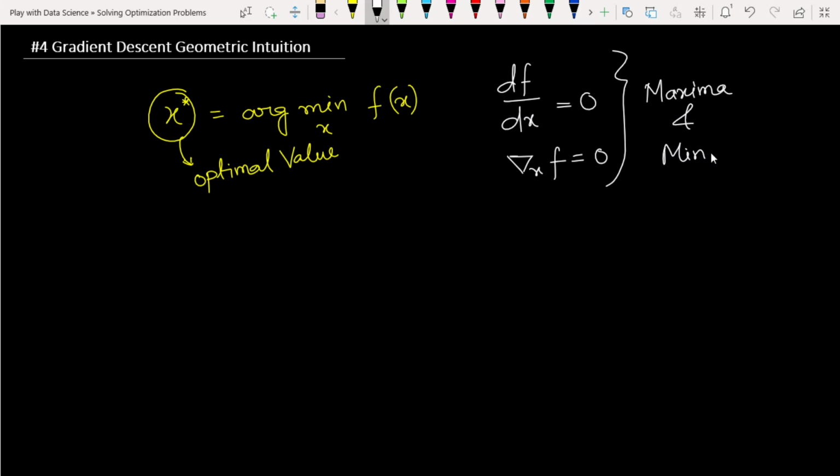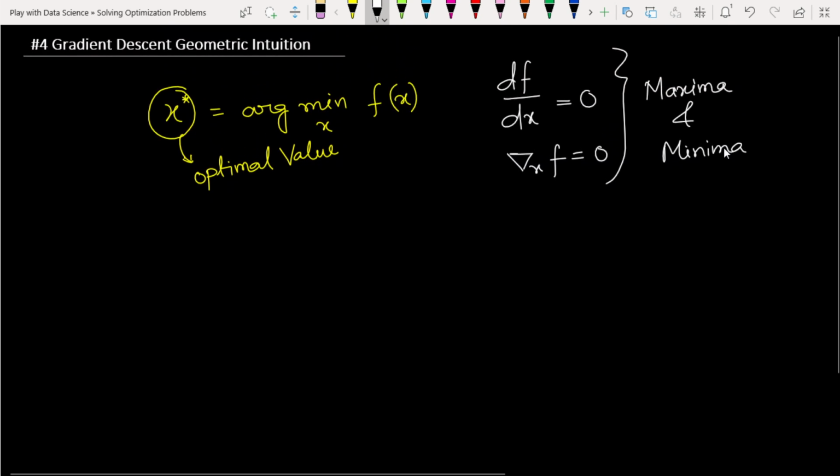But in some cases, finding the derivative and then finding its solutions is not an easy task.